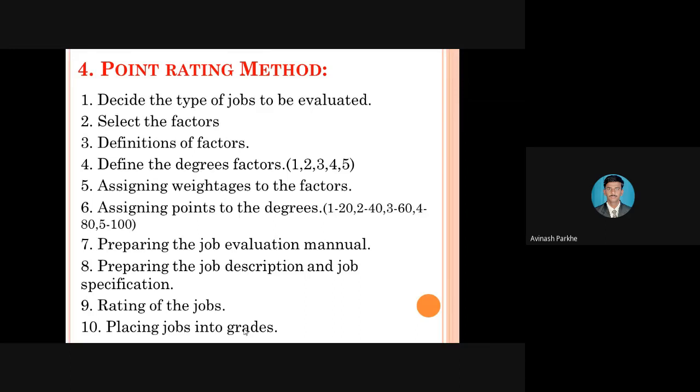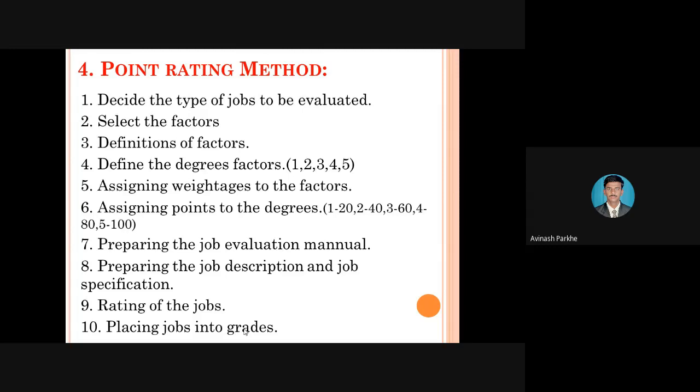So this is the point rating method, which is mostly used in the various types of industry because it has high accuracy, is more reliable, more acceptable. So therefore this method is mostly used in the various types of industry. So these are the 4 methods of job evaluation, that is ranking method. Then second method is called the job classification method.